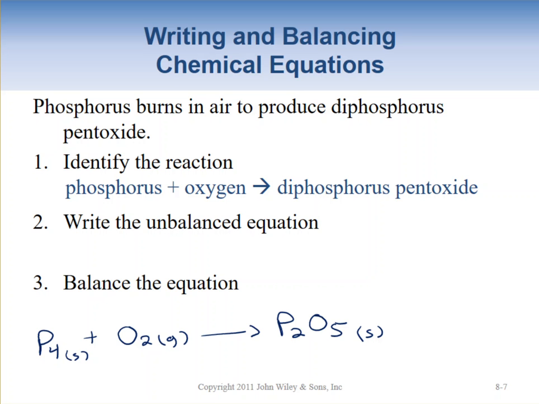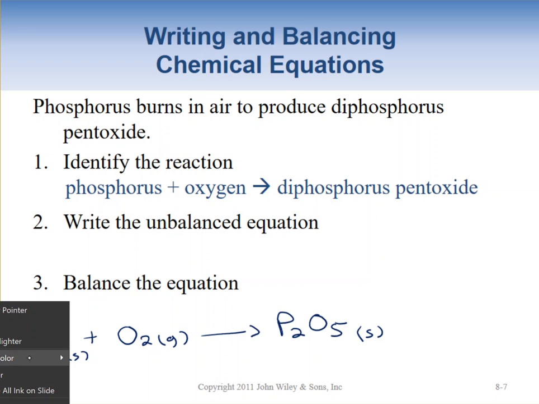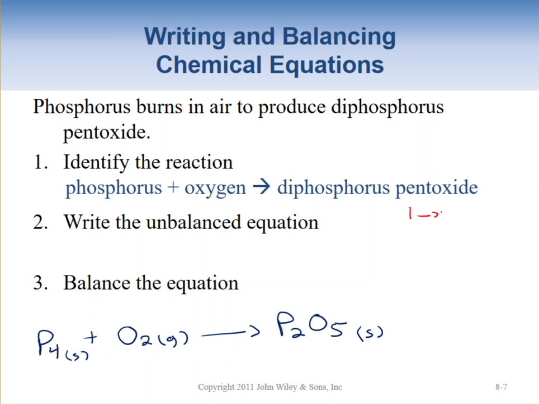The general rule for balancing chemical equations, or what helps us do it more easily, is this: when you balance, first try to balance all the metals.